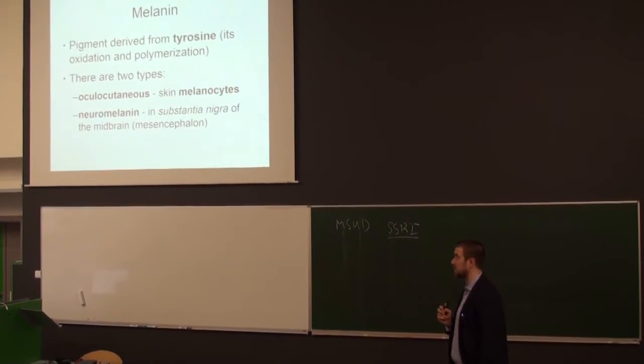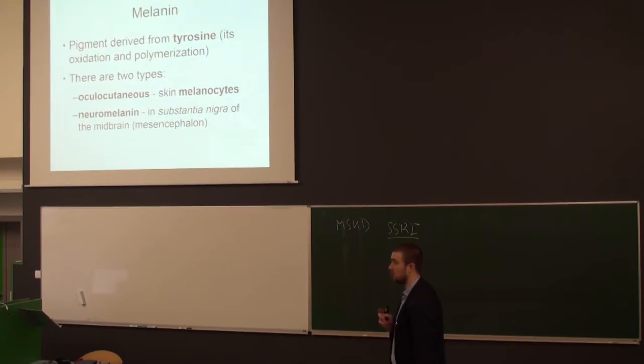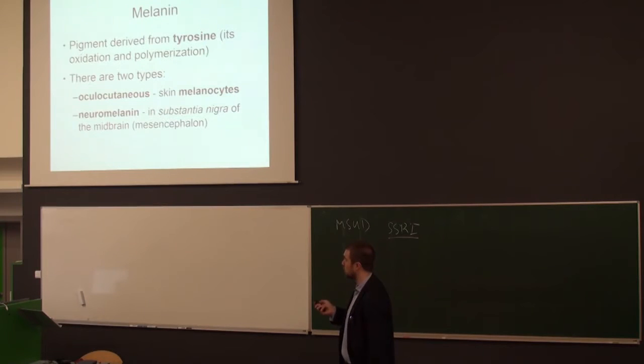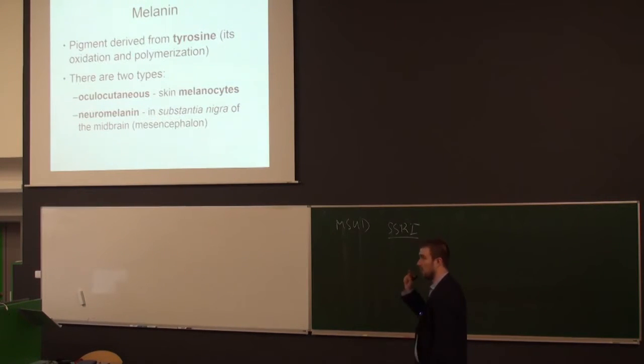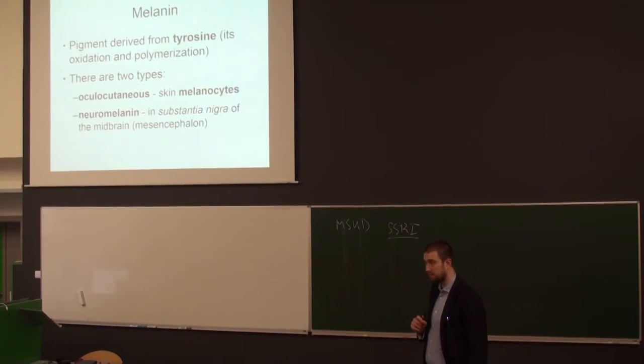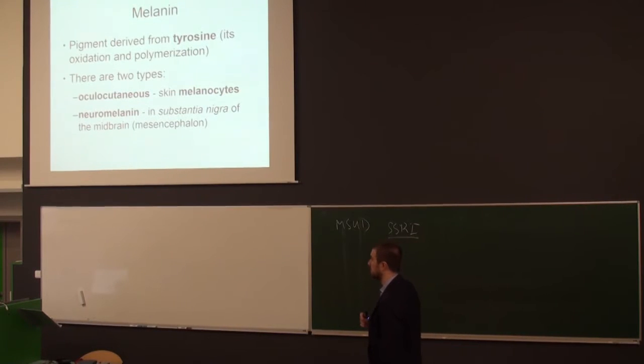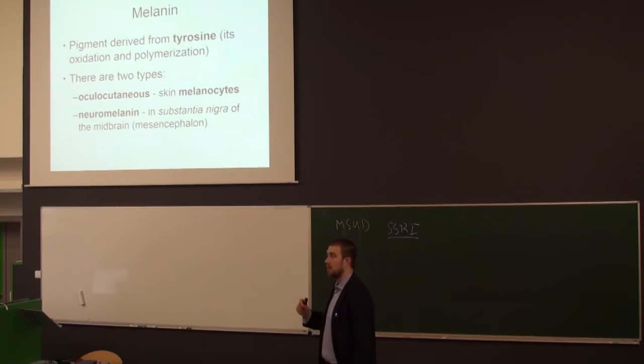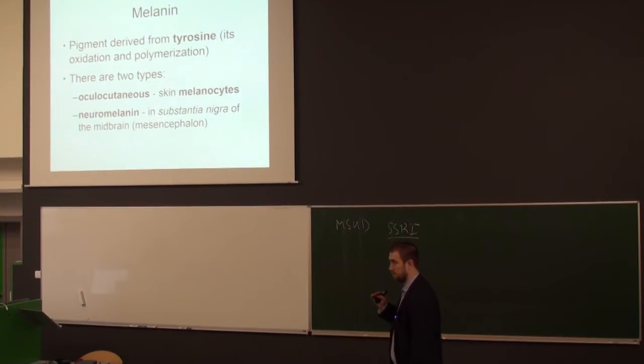The second group is the melanin that you can find in your brain. So we call it neuromelanin. And if you should name one place, that's the place that we call substantia nigra. And one part of the substantia nigra will be defective in Parkinson's disease.